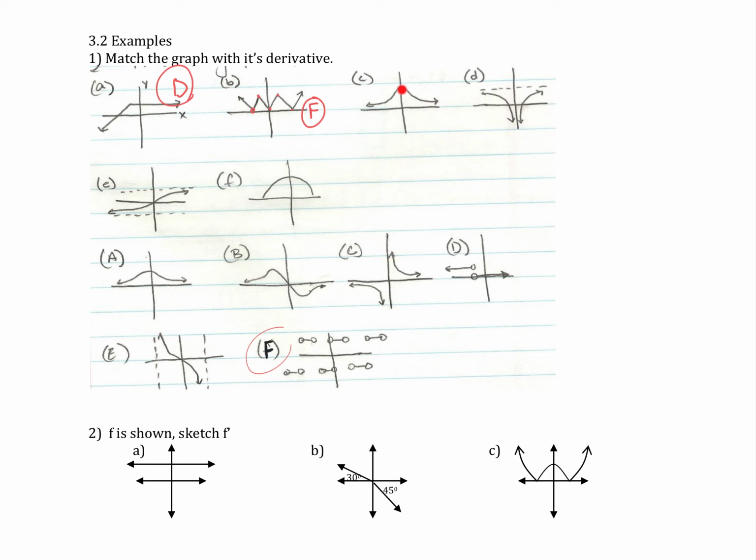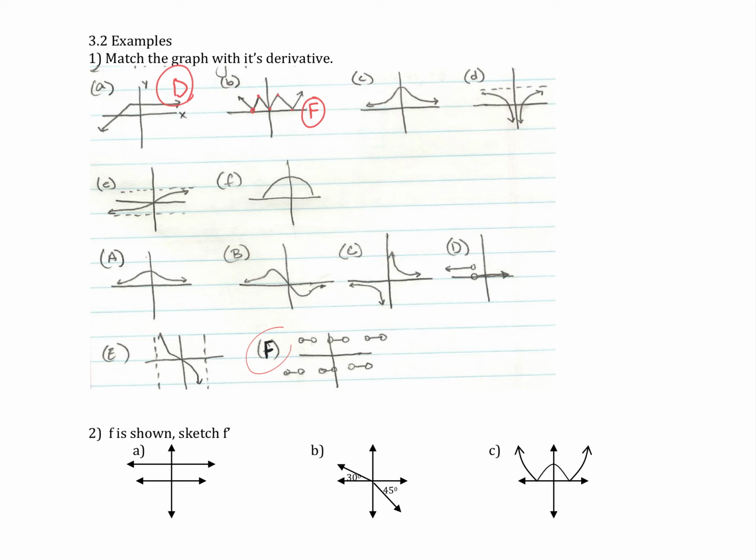But then on this side, they're negative, so it changes from positive slopes to negative slopes at the axis. So the derivative goes from above the axis to below the axis. And then these slopes go super small negatives, big negatives, back to super small negatives. So let's see, which of these matches up with that?